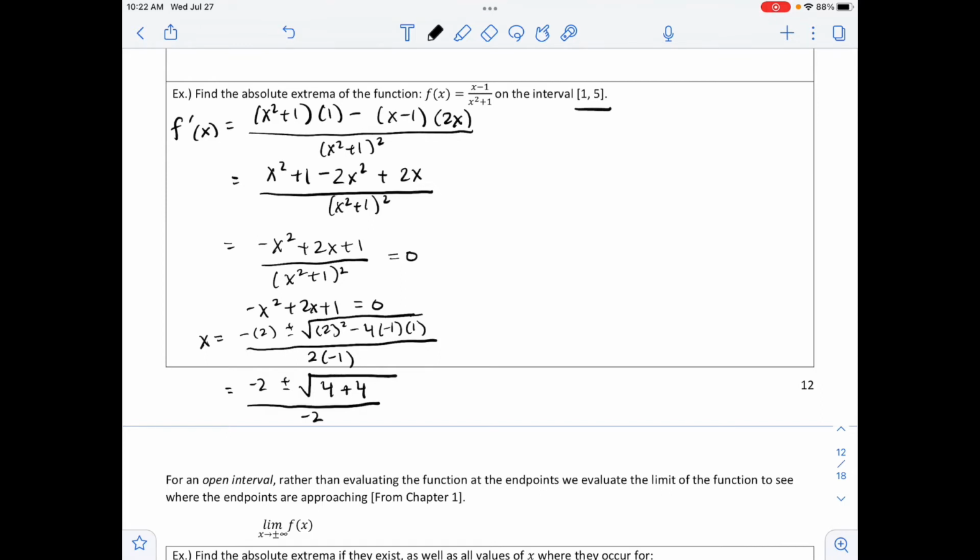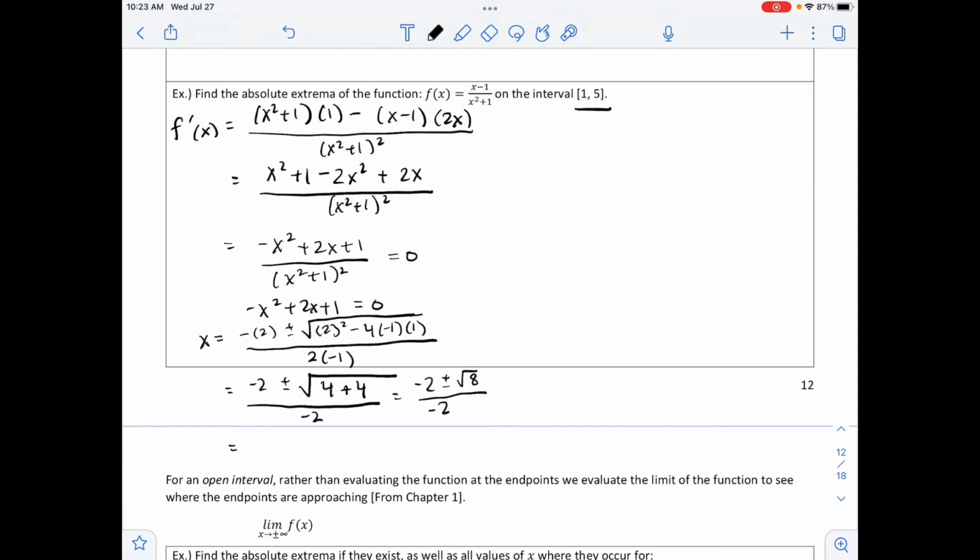And so from here we have negative 2 plus or minus the square root of 8 all over negative 2. And the square root of 8 simplifies to the square root of 2 times the square root of 4, and the square root of 4 is just 2.